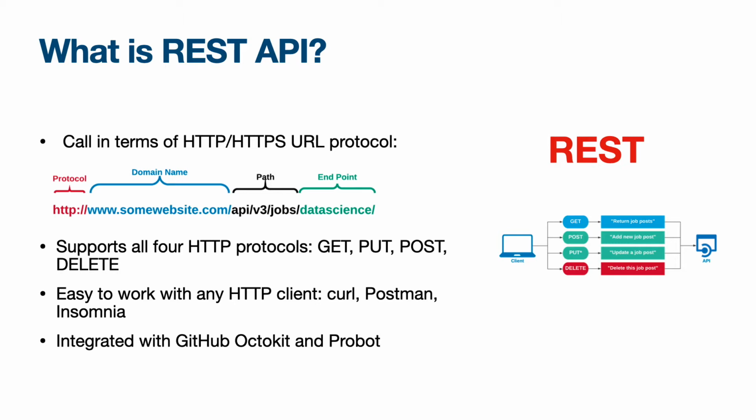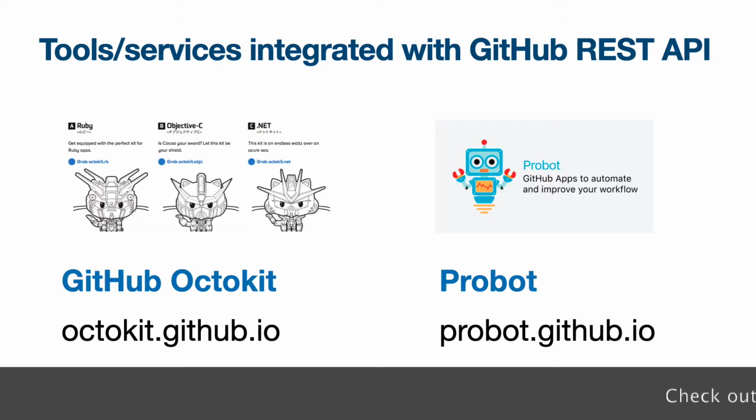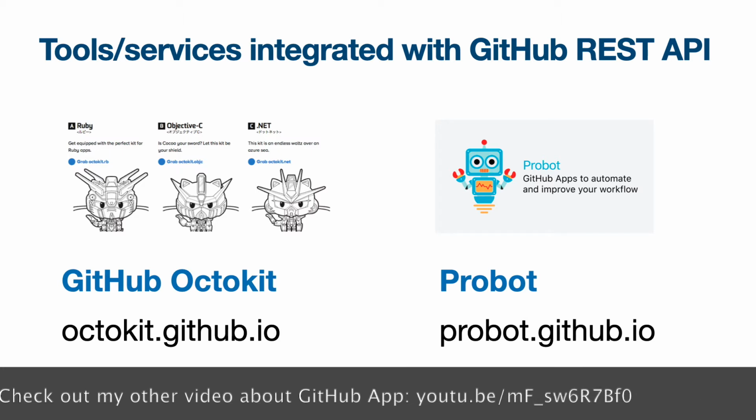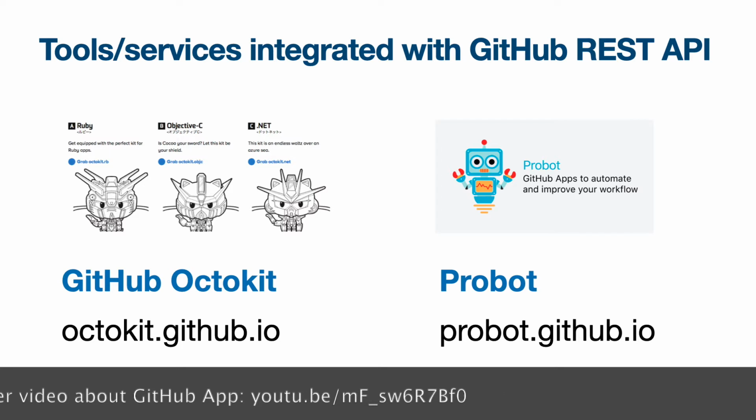And libraries like GitHub Octokit and GitHub apps like Probot are also implemented based on these GitHub APIs. What are GitHub Octokit and Probot? Basically, GitHub Octokits are different programming libraries built in languages like Ruby, Objective-C, .NET, and many more.